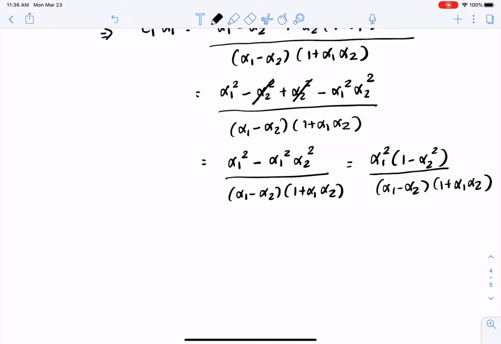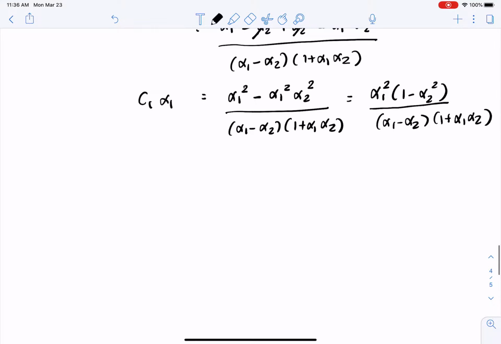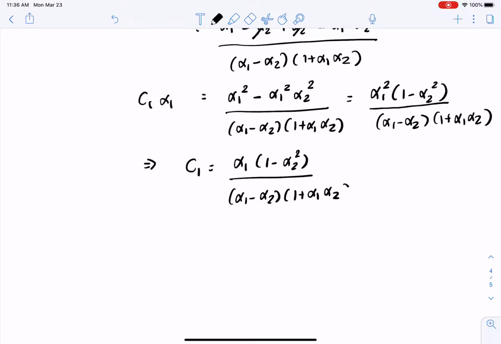Mind you that that is equal to C1 alpha 1. So if we divide by alpha 1, we'd have C1 equals alpha 1 times (1 minus alpha 2 squared) divided by (alpha 1 minus alpha 2) times (1 plus alpha 1 alpha 2).